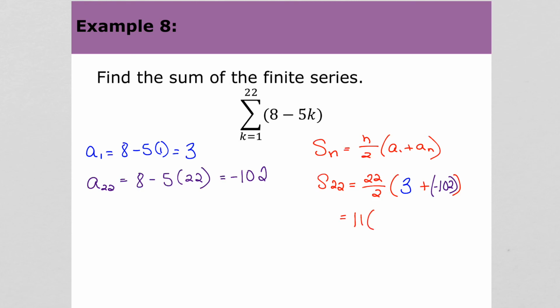So we can add here, give us negative 99, multiply by 11, and we get negative 1,089. So the sum of this series is actually a negative number, negative 1,089.